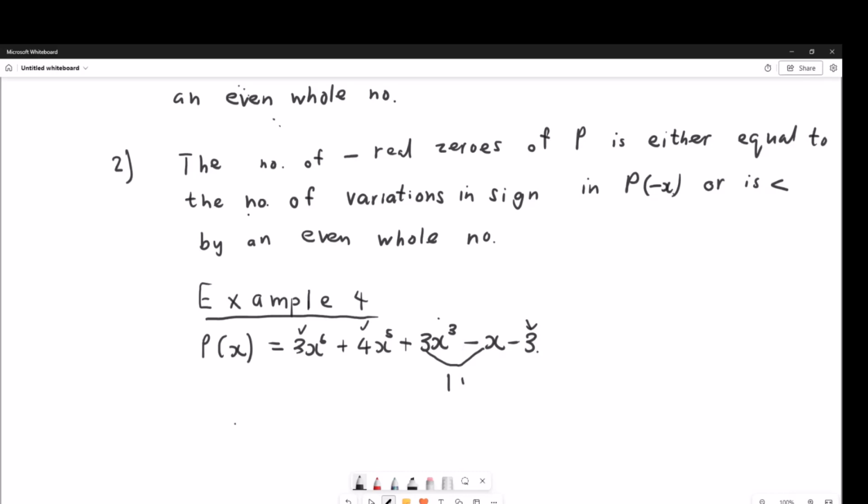So this one variation means there's one positive zero. I say one variation in sign, okay? Therefore, P has one positive zero.